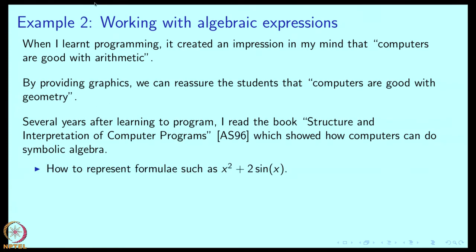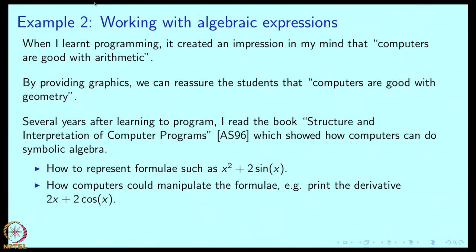What do I mean by this? Well, they talk about how to represent formulae such as x squared plus 2 sine x. And then they explain how computers could manipulate the formulae. So maybe they would write a program to print the derivative of an algebraic expression. If this expression was fed to that program, the program would print the derivative, 2x plus 2 cos x.